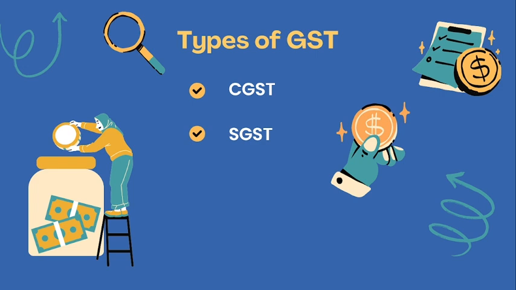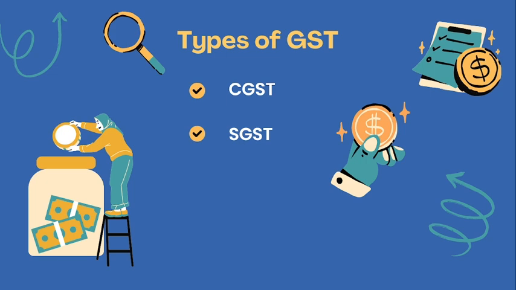The revenue from SGST goes directly to the respective state government, helping it fund its development and administrative activities. SGST works in coordination with CGST for intrastate supplies to ensure fair revenue sharing between the center and the state. For example, when goods are sold from Karnataka to a customer within Karnataka, both SGST and CGST are charged on the same transaction.